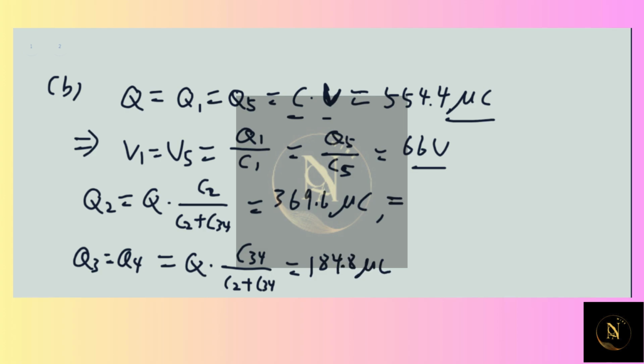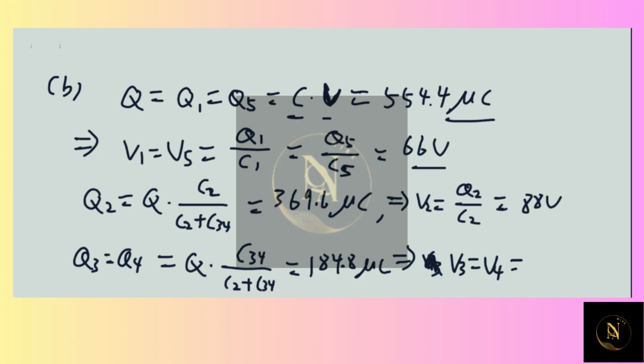So you can obtain that V2 equals Q2 divided by C2. So this gives you 88 volts. And V3 equals V4 equals Q3 over C3, right? So this gives you 44 volts, okay?